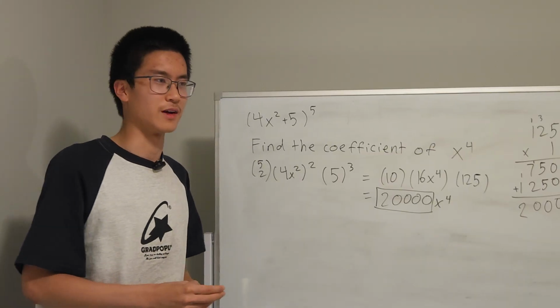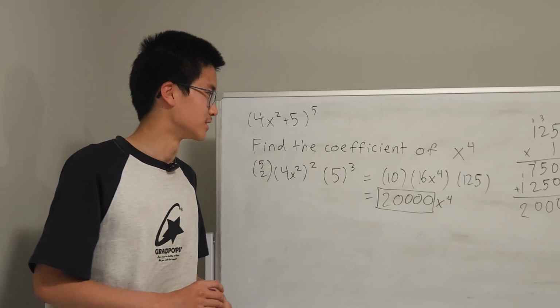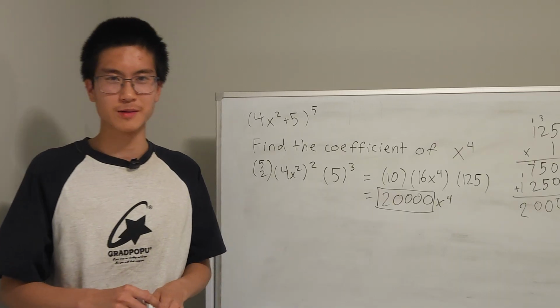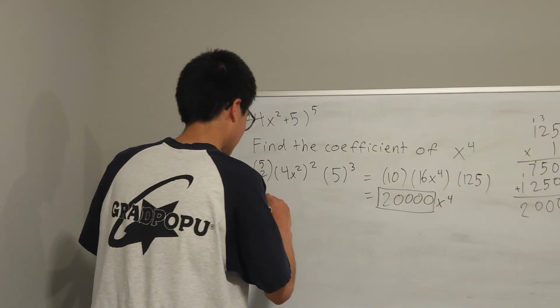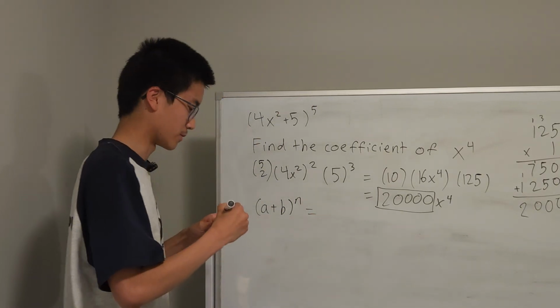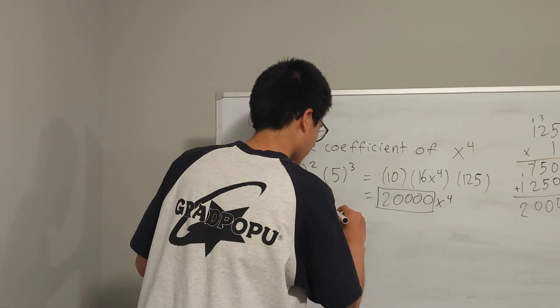But just remember, if you don't remember the binomial theorem formula, just ask yourself, if you want to expand a plus b to the n, what's the coefficient of a to the n?